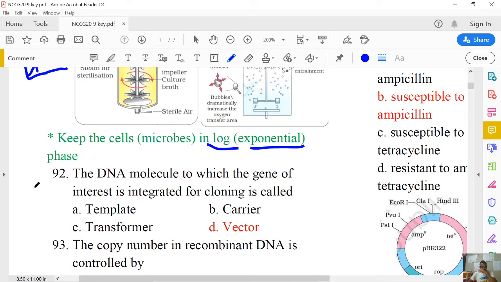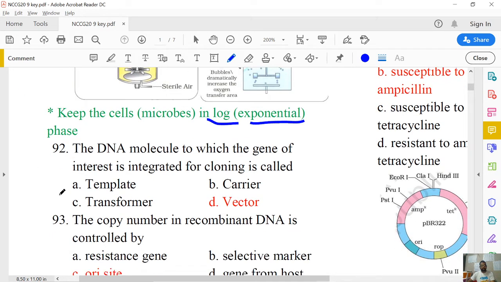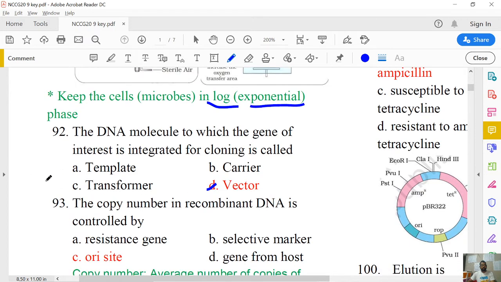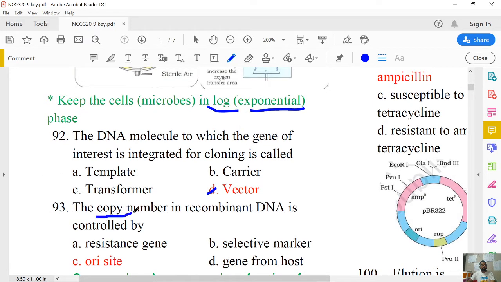The DNA molecule to which the gene of interest is integrated, it is the vector. The copy number in recombinant DNA is, so this copy number refers to the number of copies of a particular plasmid in a particular cell. So when I just take a bacterial culture of some 1000 bacterial cells are there in a culture.